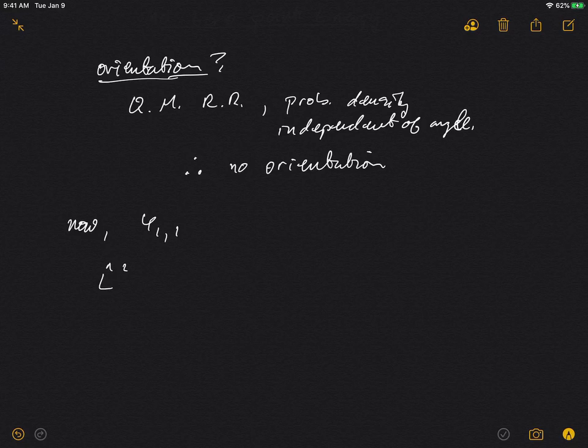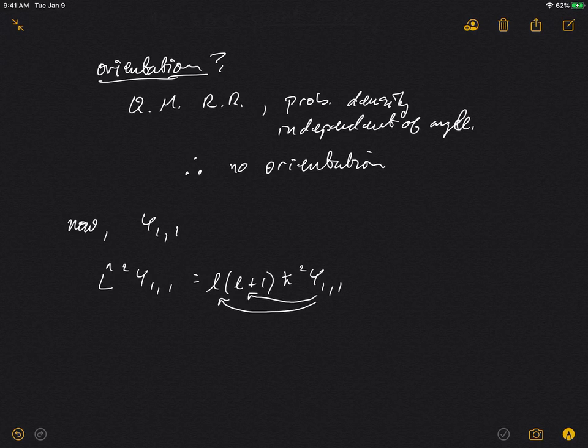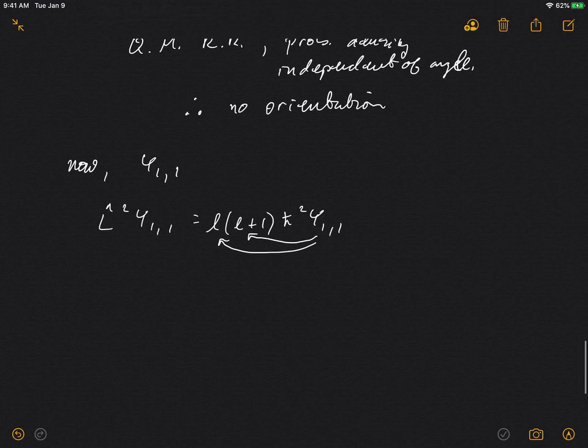We act L squared on y11. That's going to be L times L plus 1, h bar squared, y11, but then we have to actually put the value of L into the expression. We can't just leave it as lowercase l.